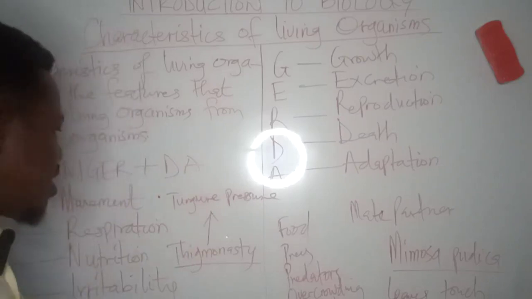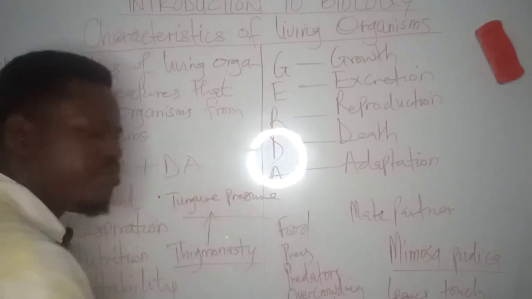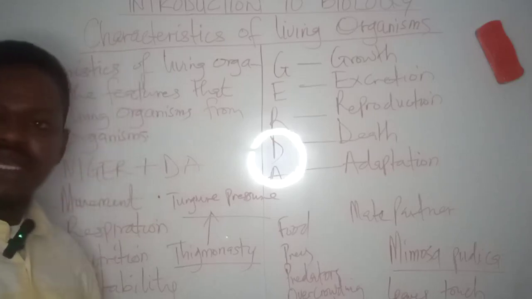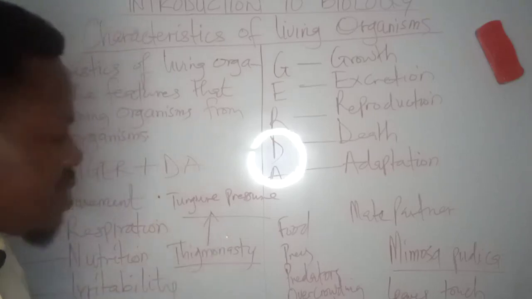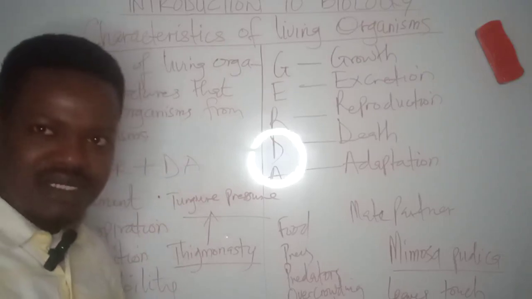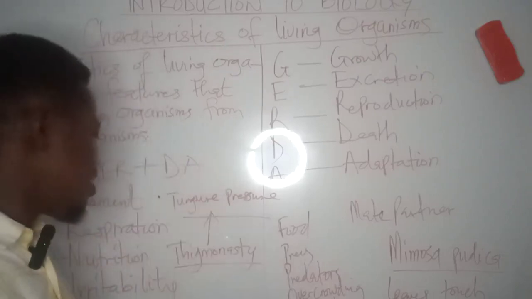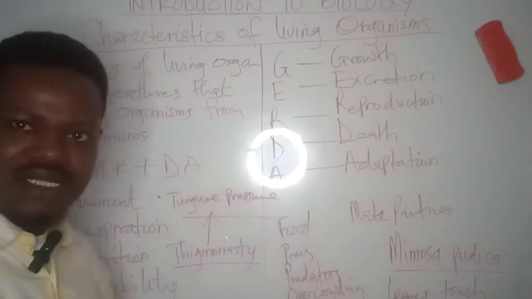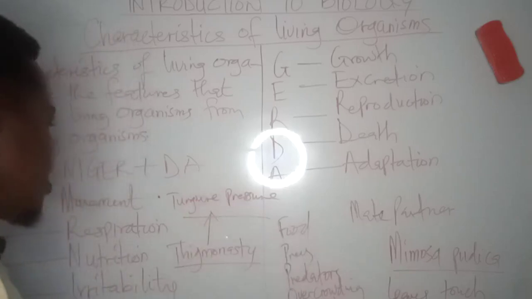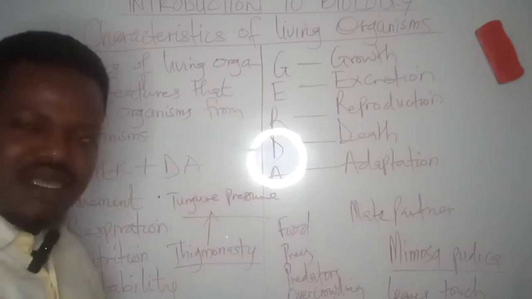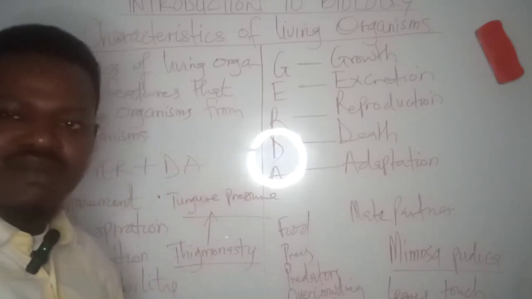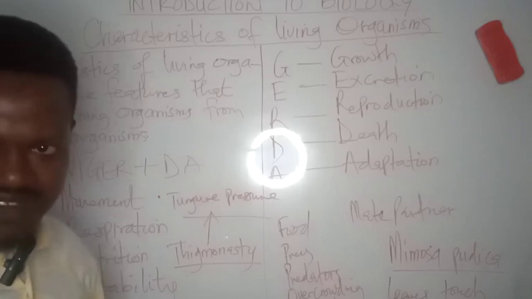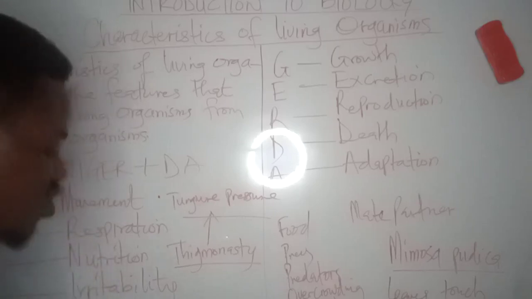By dash. The answer is turgor pressure. Sometimes this question may come in the essay part. What is thigmonasty? Give examples of organisms that undergo this process. So, you should take note of this.